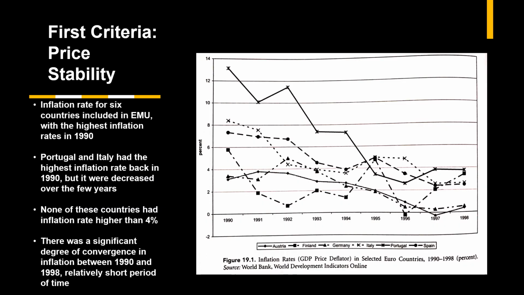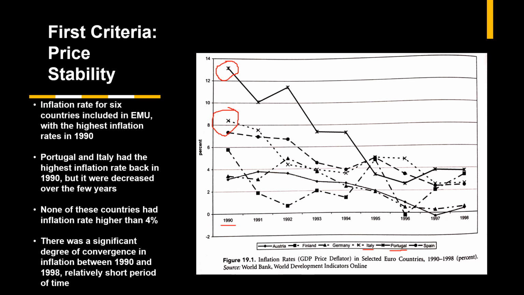As I mentioned before, the first criterion, price stability, is concerned with the inflation rate. The graph here shows us the inflation rate for six countries included in the EMU with the highest inflation rate in 1990. From the graph, you can see that these two countries have the highest inflation rate in 1990, and they are Portugal and Italy.